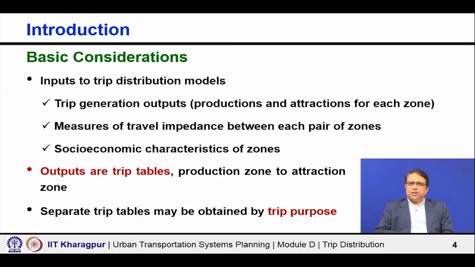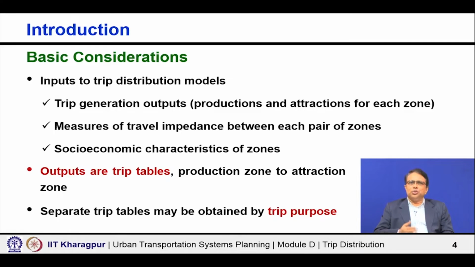Let us come to the basic considerations of trip distribution. The first is, what are the inputs required to trip distribution models in general. The very first thing is the trip generation outputs, because in the 4-stage planning process, trip distribution generally comes after trip generation.